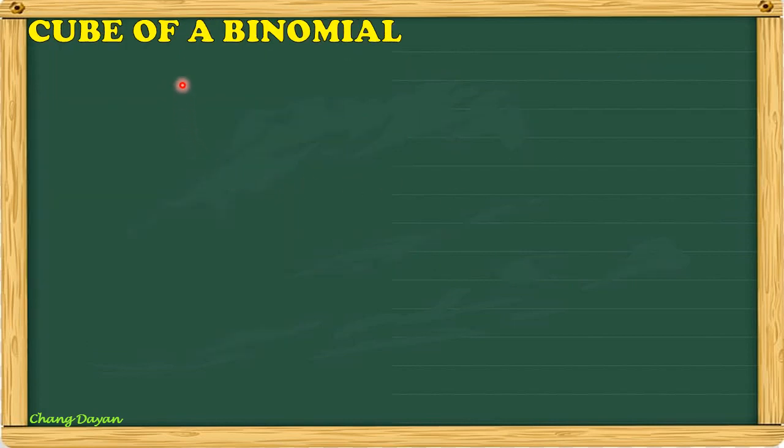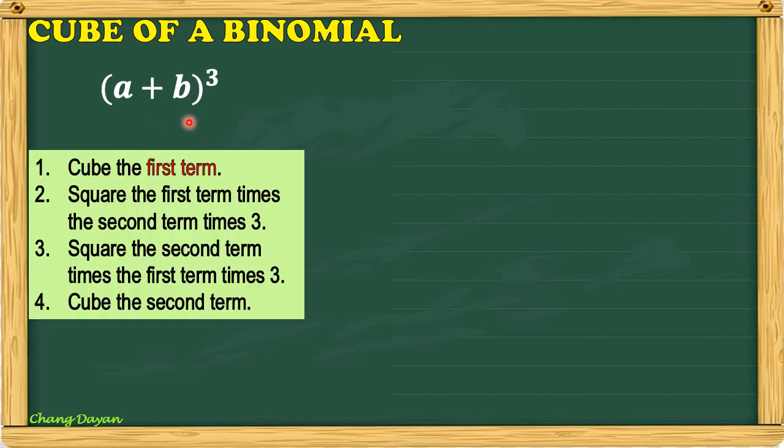Now let us cube a binomial. So a plus b quantity cubed. And we have here the pattern again. Cube the first term. So you have a cubed. Square the first term times the second term times 3. So a squared times b times 3 will have 3a squared b.